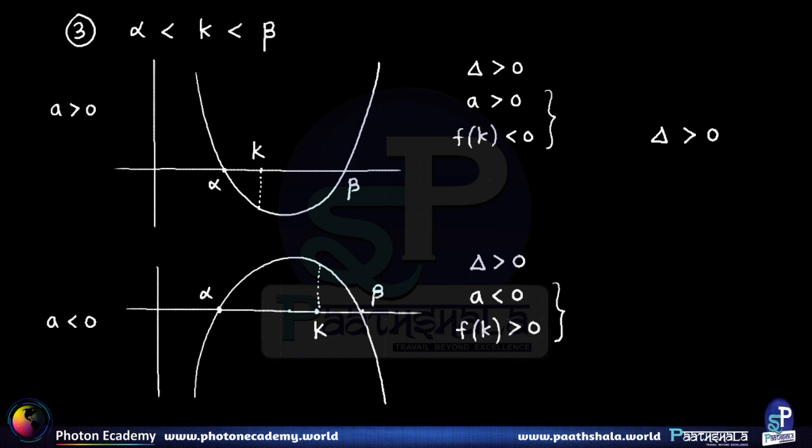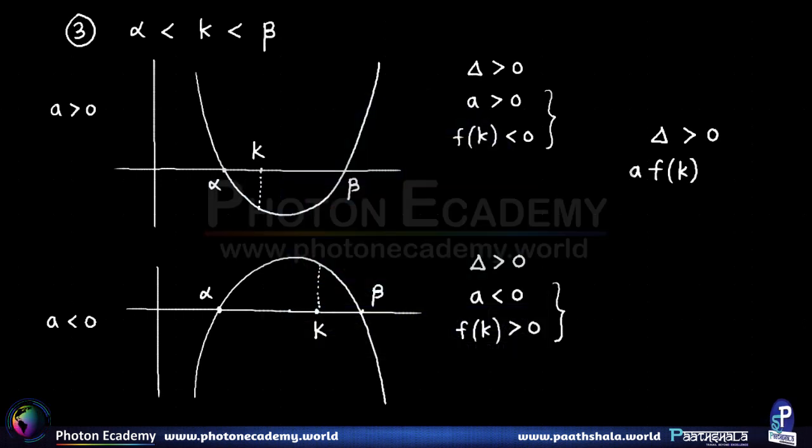In other words, if we take the product of them, that will be negative. So therefore we have f of k into a, the product has to be negative. So these are the two conditions for a certain number k to lie between the two roots alpha and beta.